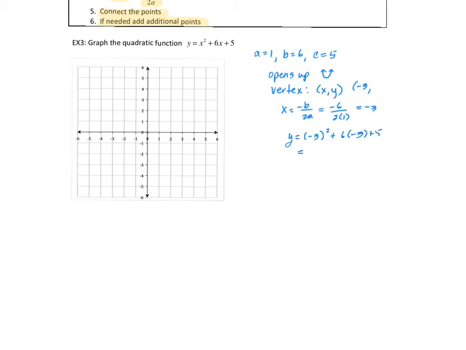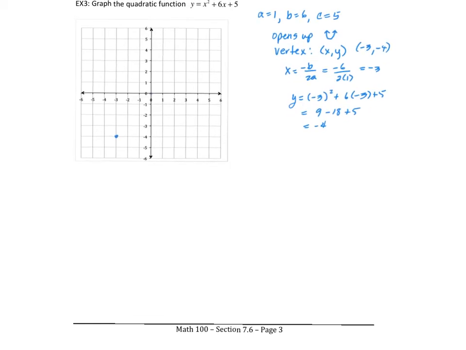So that's going to be a positive 9 minus 18 plus 5, which should give me a negative 4. So negative 3, negative 4, that's going to be my vertex. And I know I'm going to go up from there. So all I need is additional points to determine how wide my parabola is.